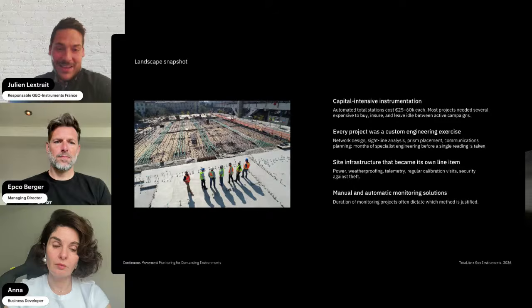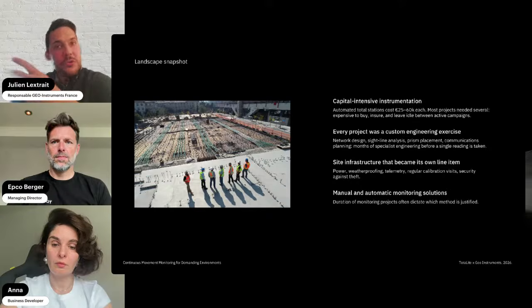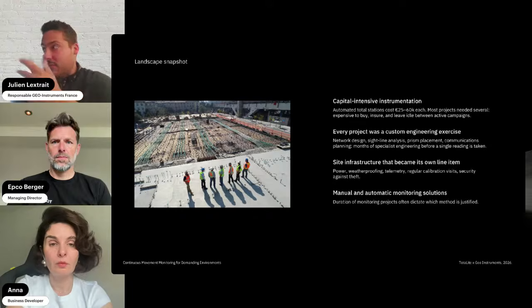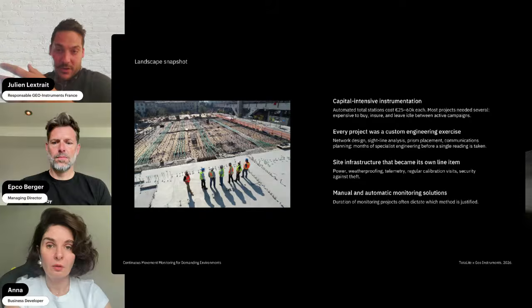And this leads to the discussion that we often have with our clients: can we deploy a continuous and automatic monitoring solution, or do we stick to manual monitoring? Is it justified? The question often revolves around the time that we have on site.